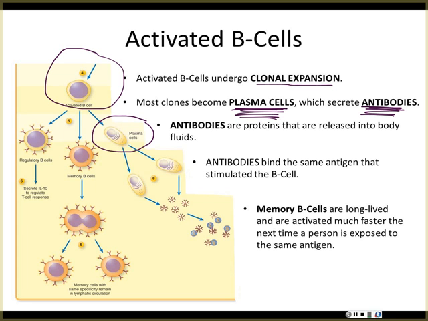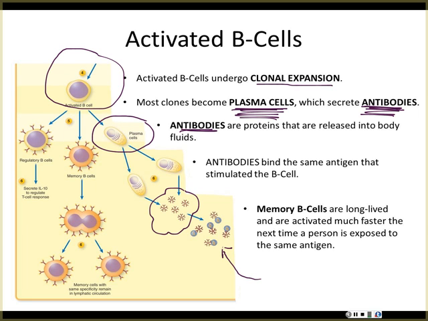Antibodies are, and these little molecules here that look like snowflakes, those are supposed to be antibodies. All they are is proteins, and they bind to that same antigen that activated the B cell in the first place. They bind to the exact same thing. That's what they're showing you here on the diagram.